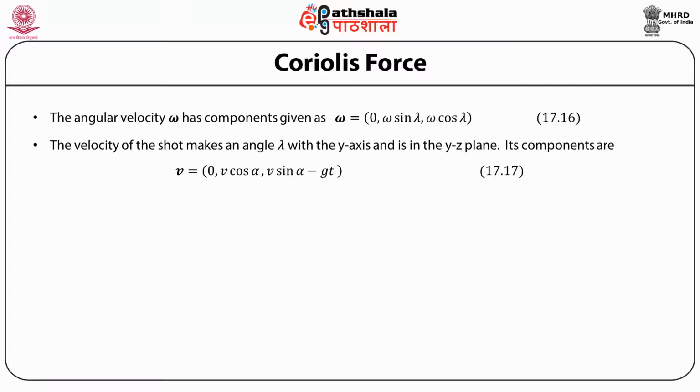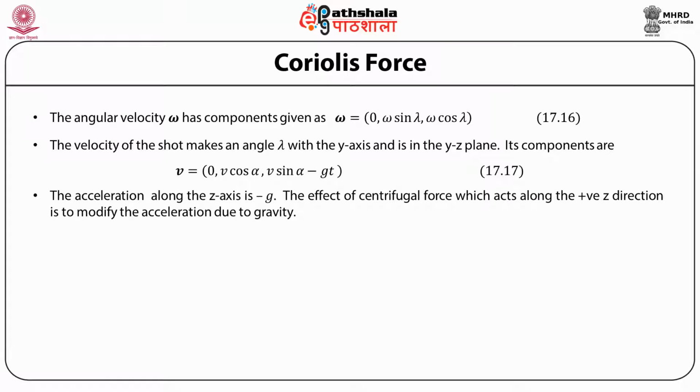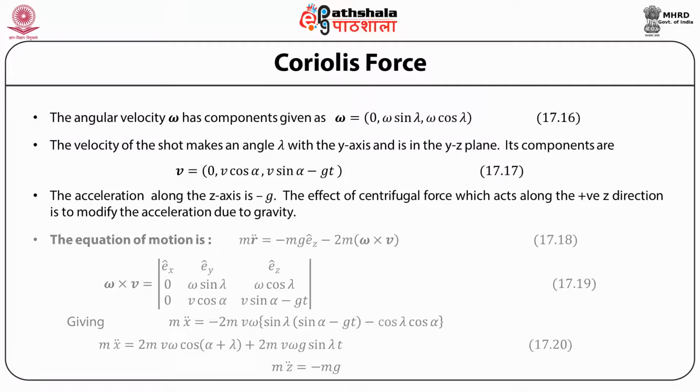Therefore, the components of the velocity of the shot are: x component is 0, y component is v cos alpha, and the z component is v sin alpha minus gt, because the acceleration along the z-axis is minus g. The effect of centrifugal force, which acts along the positive z direction, is to modify the acceleration due to gravity.